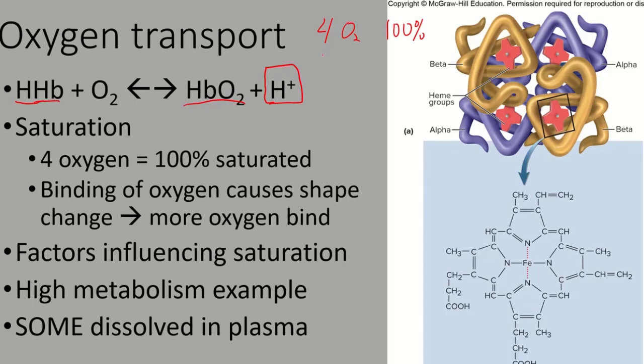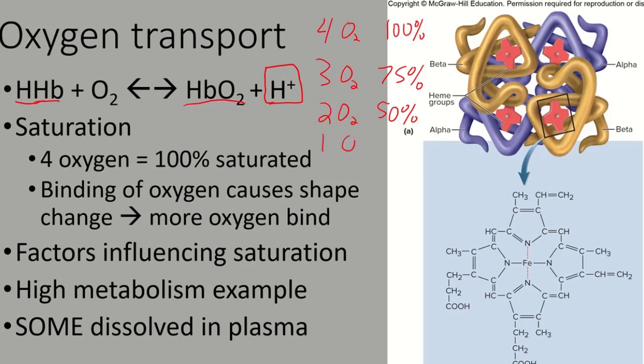Now, if one of those oxygens were to be removed and we had 3 oxygens attached, then we say that the hemoglobin is 75% saturated. If 2 oxygens are attached, then it is 50% saturated.